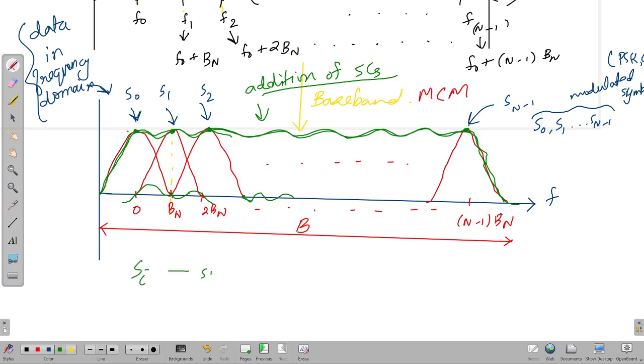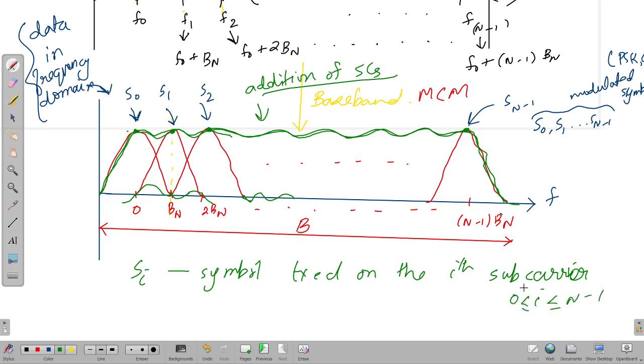Si is the symbol transmitted on the ith subcarrier, and i can vary from 0 to n-1. So you have n number of symbols transmitted along n different subcarriers.